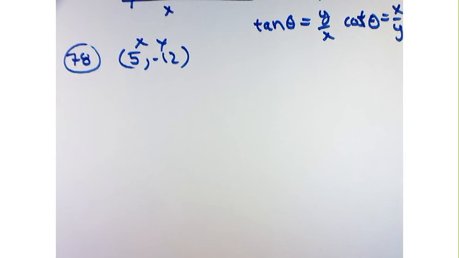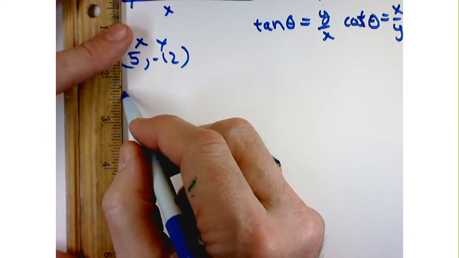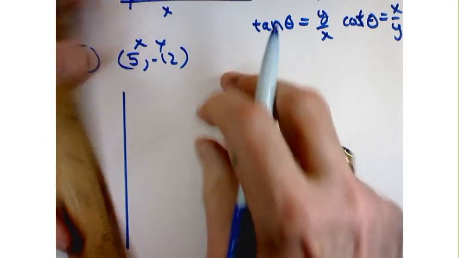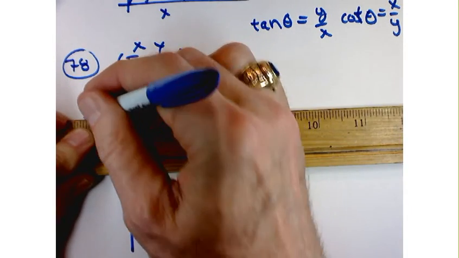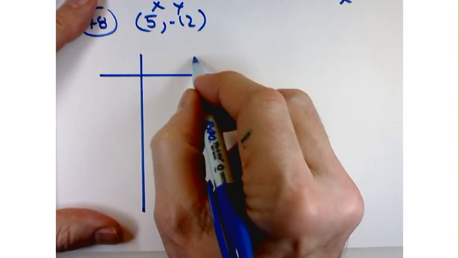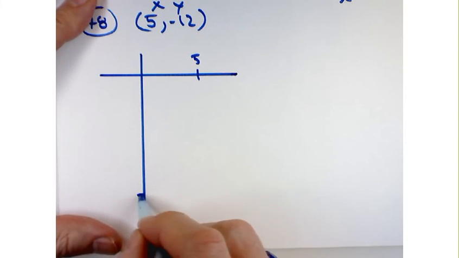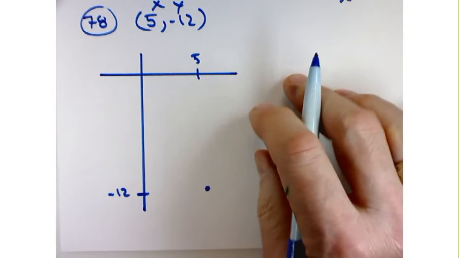Yeah, excellent. It's going to be in the fourth quadrant. So it's going to look like this. So I'll do a 5 here and a negative 12 here. And I'll have this point here.